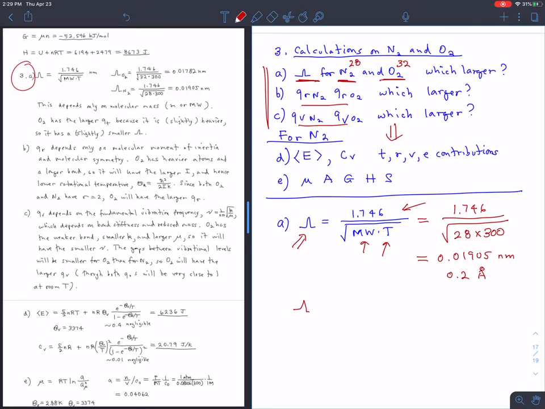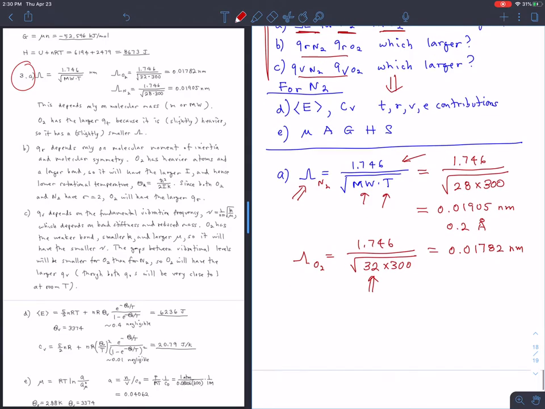But that's typical for thermal de Broglie wavelengths. For oxygen, so this was for nitrogen. For oxygen, it's the same thing, 1.746 over the square root of now 32 times 300, and that turns out to be 0.01782 nanometers. So just slightly shorter. It's shorter because the mass is higher, right?